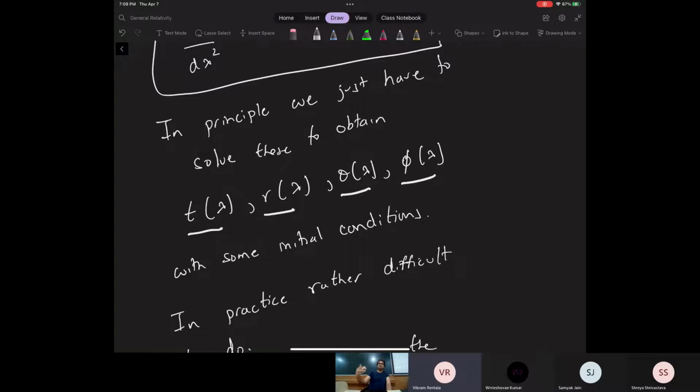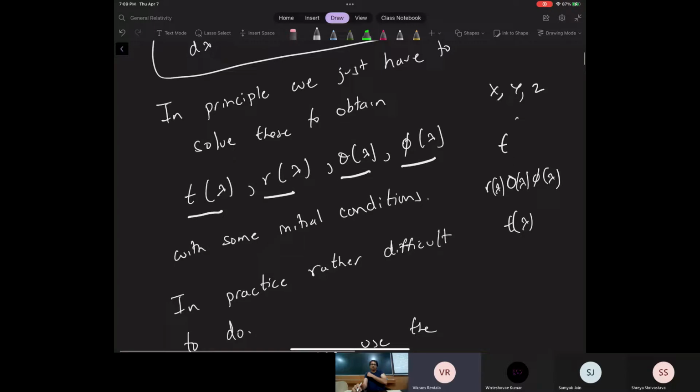This is a parametric description of the trajectory. Normally we think of a trajectory as telling me x, y, z as a function of t. Now what we're saying is tell me r, theta, phi and t, but instead of telling me r, theta, phi as a function of t, tell me all of these parametrically in terms of some parameter λ. That's all we're doing. And if you want the trajectory as a function of t, you eliminate λ.